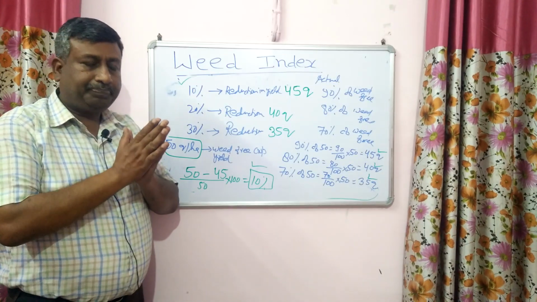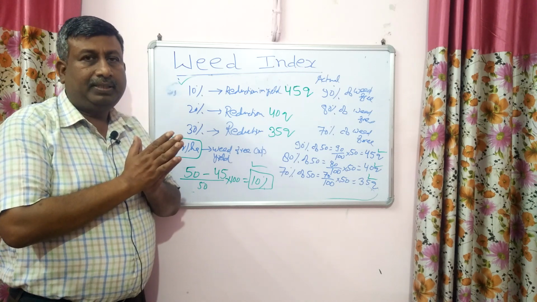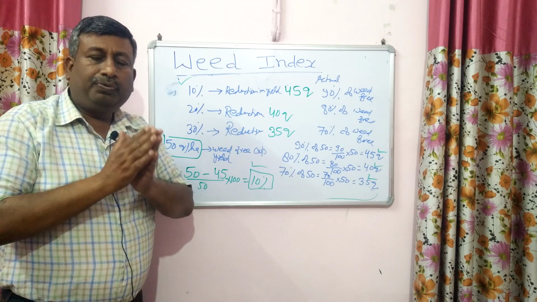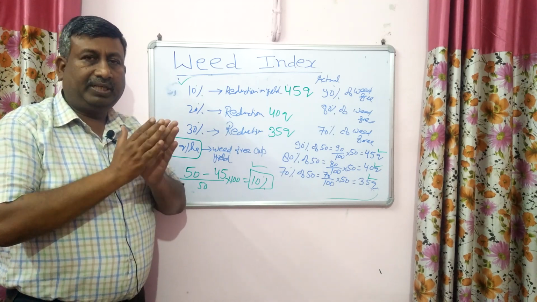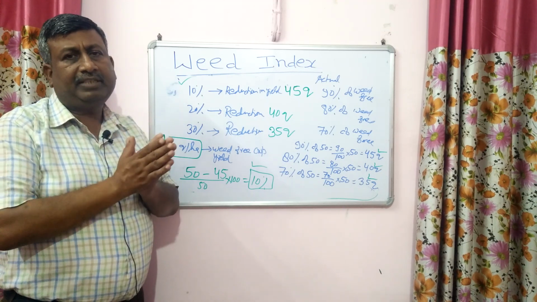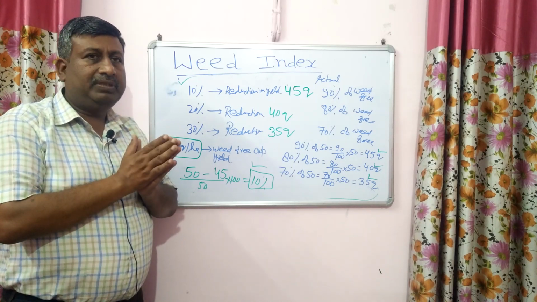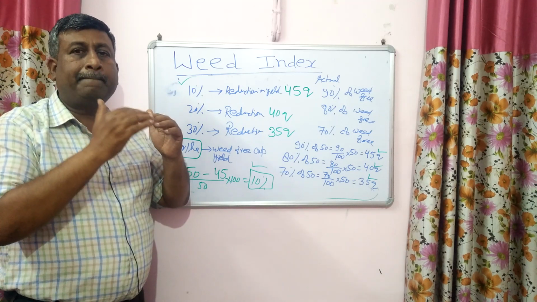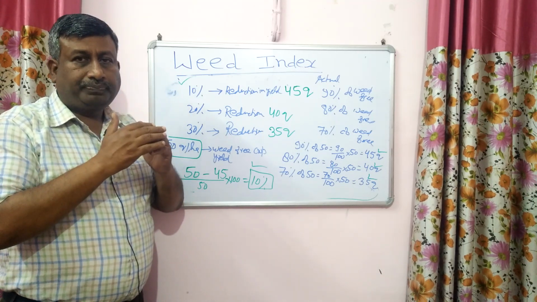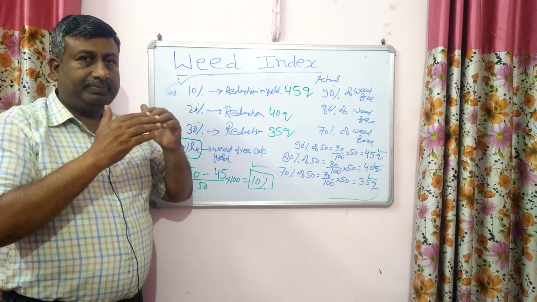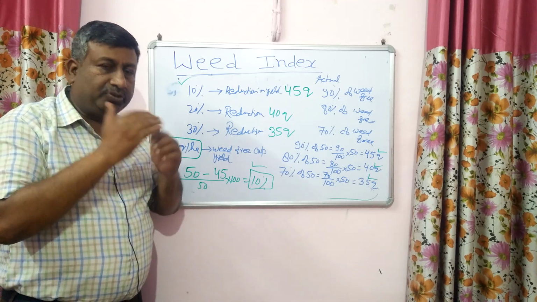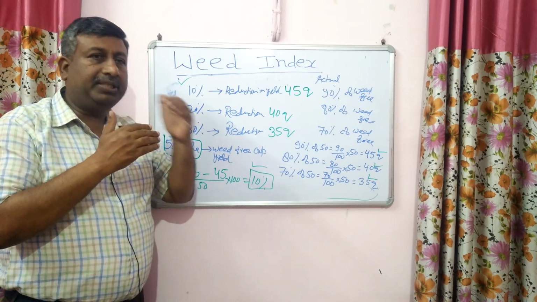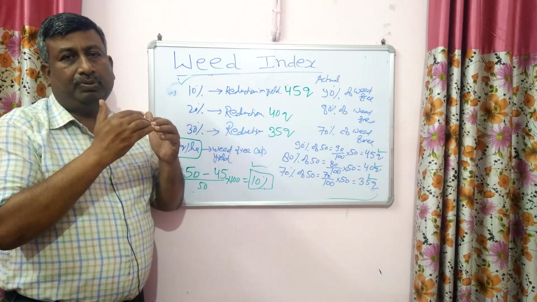So it means weed index tells the reduction in grain yield compared to weed free crop. If reduction is less, weed index value will be less. If weed index value is less, means reduction is low, grain yield is high, means competition is low. इसको confuse मत होइए, इसको फिर से समझ लीजिए कि अगर weed index value कम है तो इसका मतलब yield ज़्यादा है, तो competition क्या होगा? कम होगा.